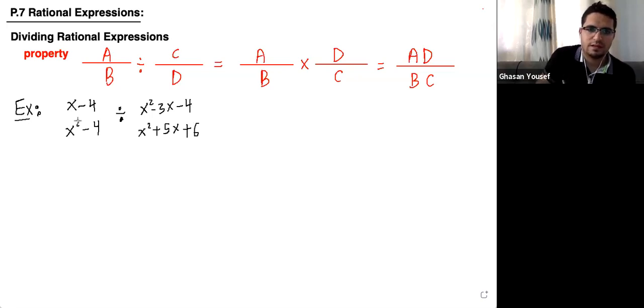So again, we have x minus 4 over x squared minus 4, and x squared minus 3x minus 4 over x squared plus 5x plus 6.